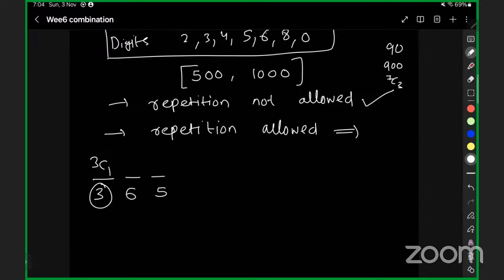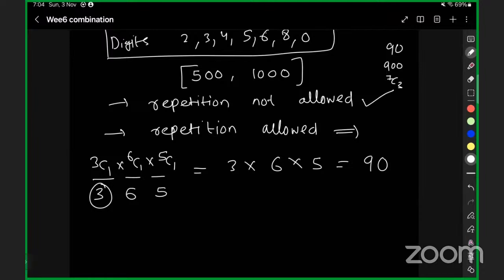Then from the remaining 6 you choose, 6C1. And another thing you can do is 5C1, right? So 3C1 is 3, 6C1 is 6, and 5C1 is 5. If you do this, you'll have 6 times 5 is 30, into 3, which is 90. Okay, so 90 is the correct answer when repetition is not allowed.